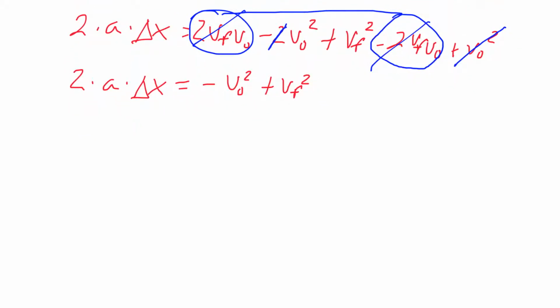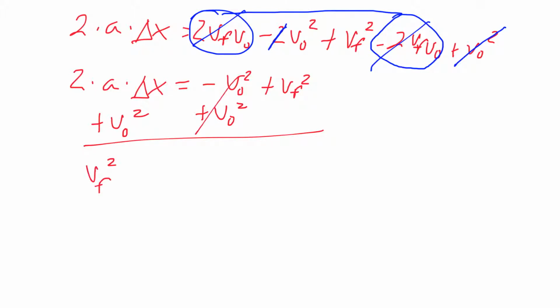And then we can add the V naught squared to both sides. So you get V final squared is equal to V initial squared plus 2a times delta x.